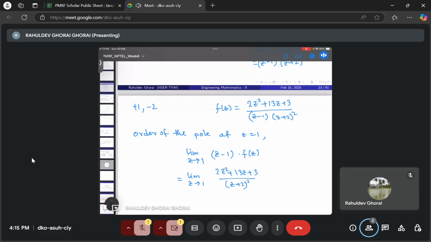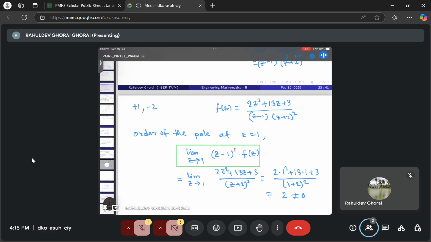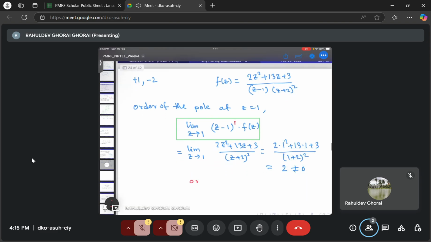You don't have any problem, you just put the value: 2 times 1 square plus 13 times 1 plus 3 over (1 plus 2) whole square, so that is 18 over 9, which is 2, not equal to 0. As you started with z minus 1 to the power 1, the order is 1.